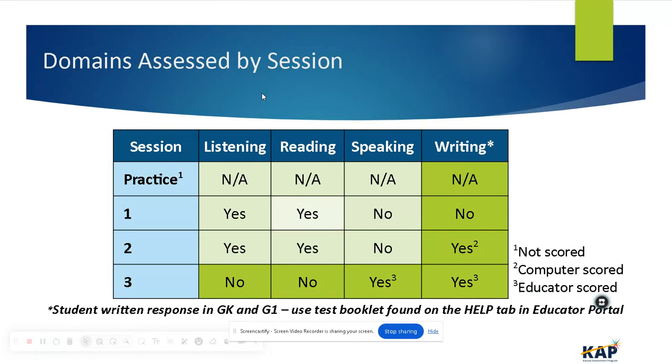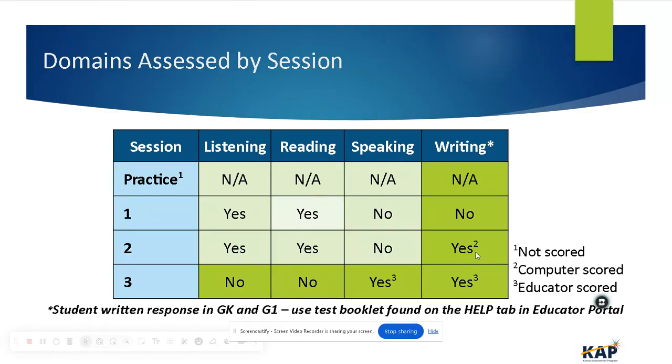So what domains are assessed? There's a practice session that is just for them to get used to working through the test. Then session 1 has listening and reading. If they don't pass or don't do well, it'll say thank you for taking the test. If they do well, it'll move to the second section, which has another part, writing.